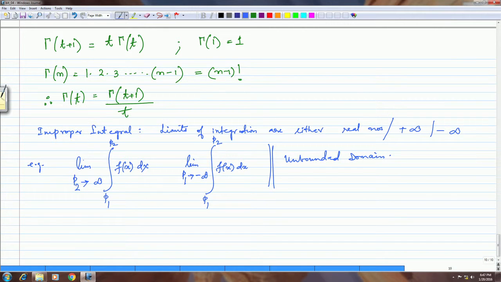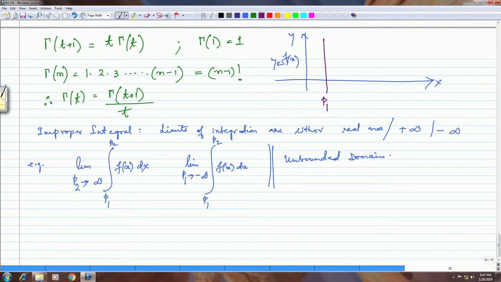Now, I can explain that a little bit. You could have some function, so say this is your x and y axes, where y is equal to f(x). p1 is some boundary, but p2 is infinity.